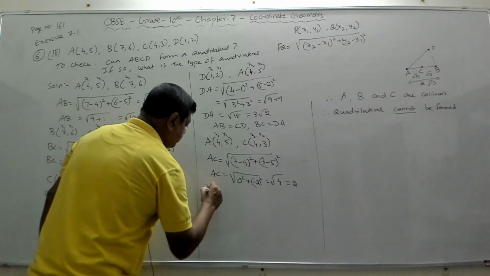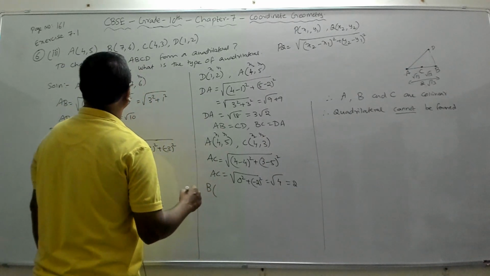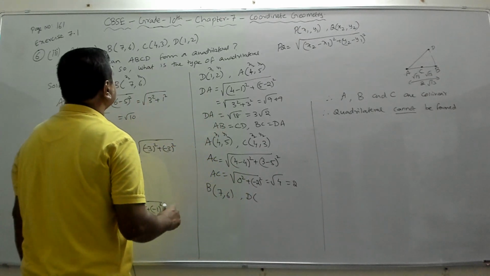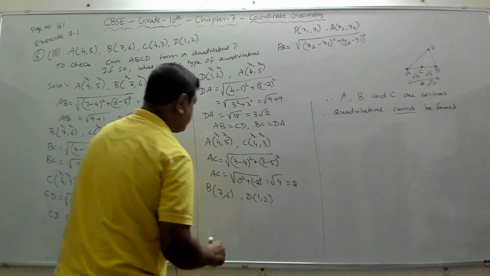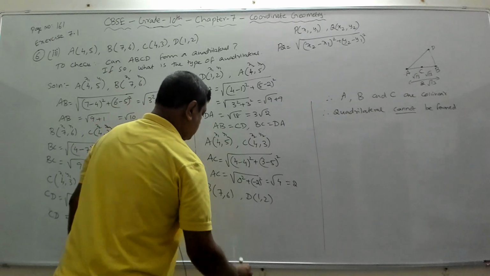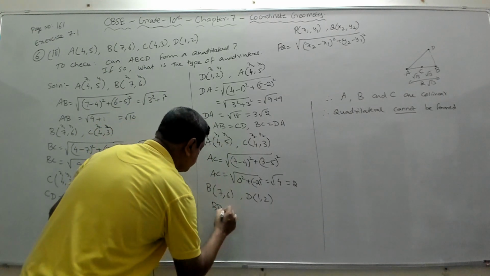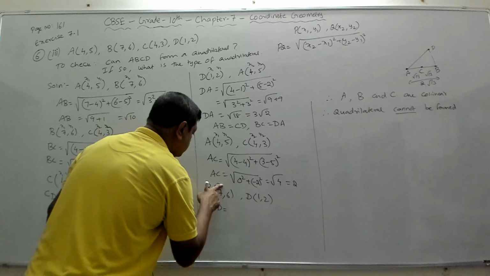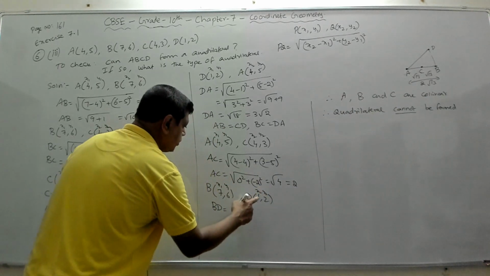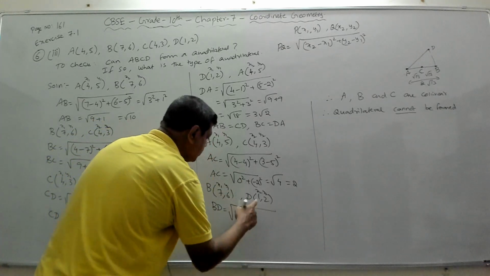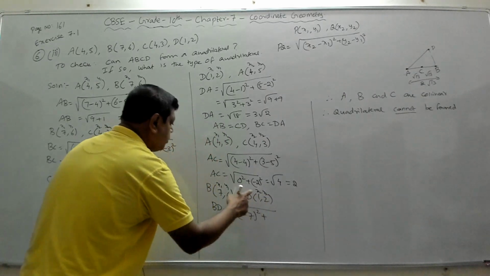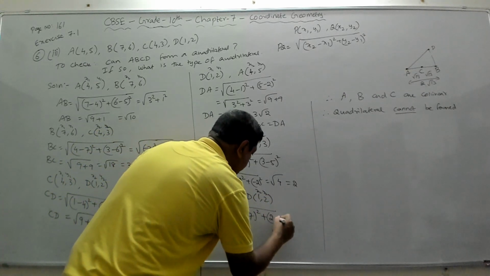Let's find what is BD. B is 7, 6 and D is 1, 2. So now what is BD? The distance between B and D, the diagonal. This is your x1, y1, x2, y2. So the distance is square root of (x2 minus x1) the whole square, so 1 minus 7 the whole square, plus (y2 minus y1), 2 minus 6 the whole square.